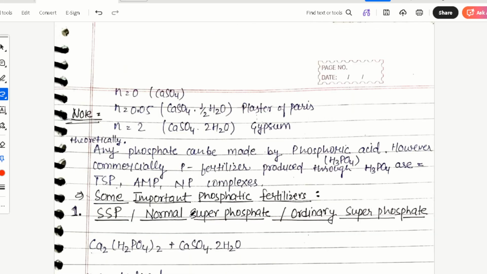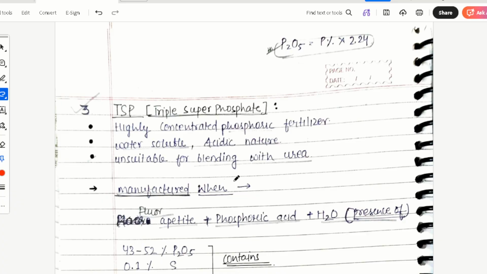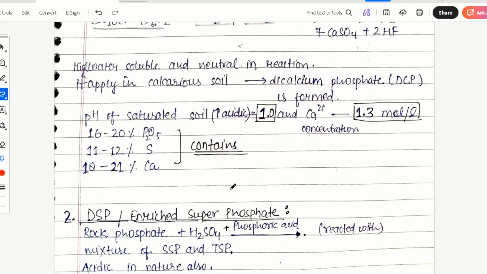The second one is diammonium phosphate. In this process, rock phosphate and sulfuric acid are reacted, and then it produces SSP or TSP.